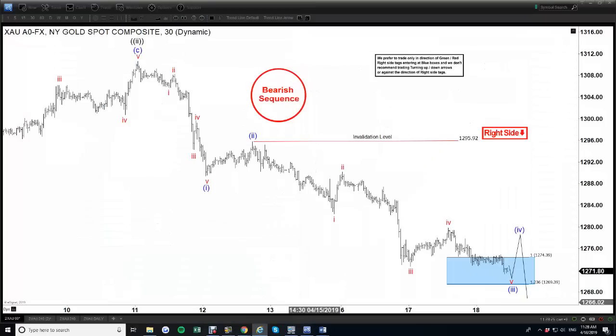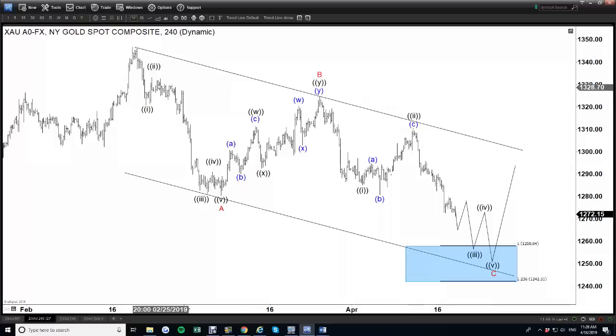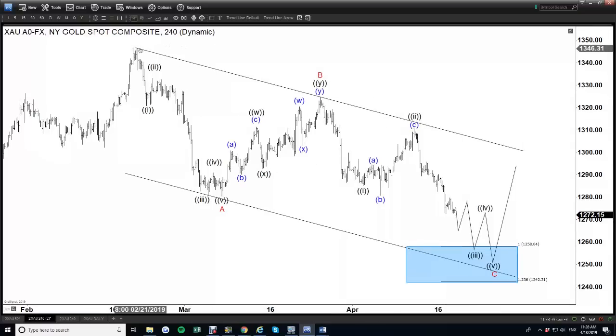So now let's take a look at what happened since then. I need to step out into the larger picture. This is the 4-hour view, but not the entire view, just the view from the February 20th, 2019 high.